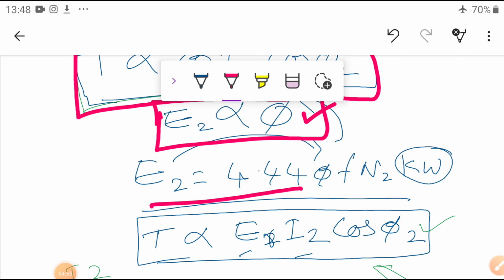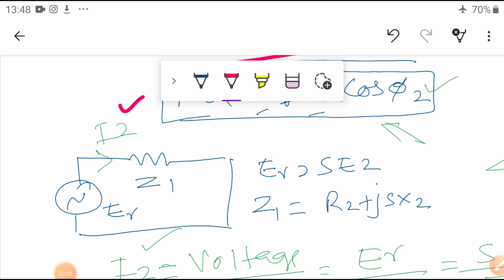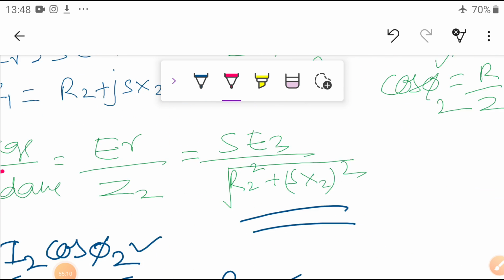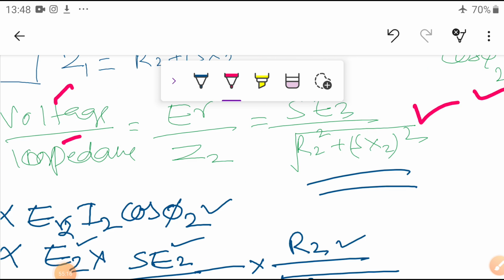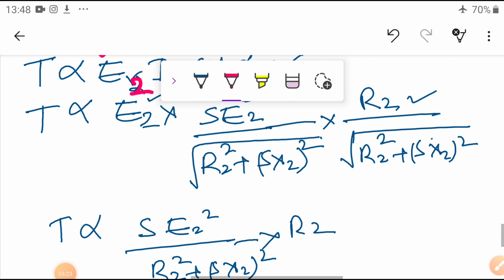From this we calculated ER, Z2, I2. Find out the current I2: I2 is equal to voltage by impedance. Substitute this value and we get cos phi 2 and I2. Both are substituted with E2, I2 and cos phi 2. Then I am going to get it.